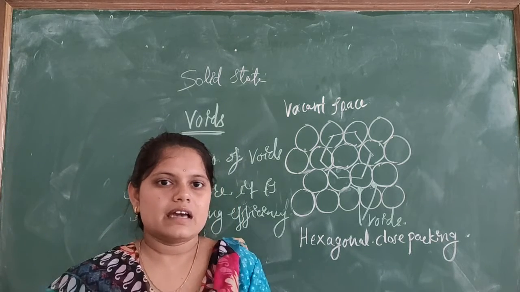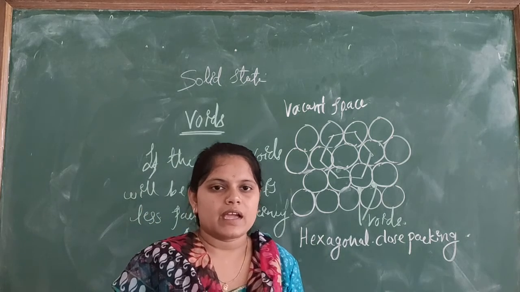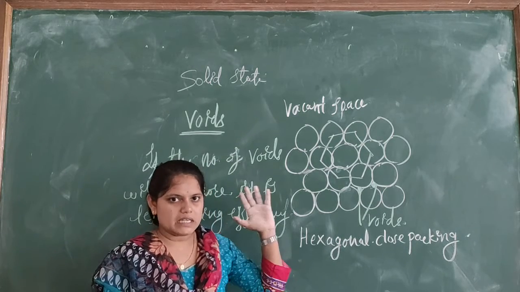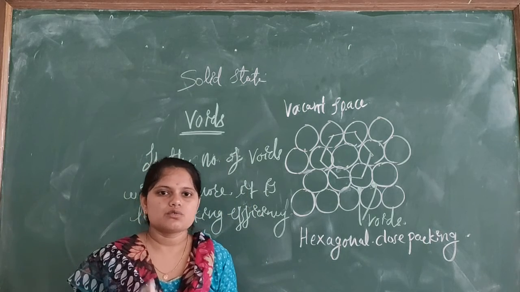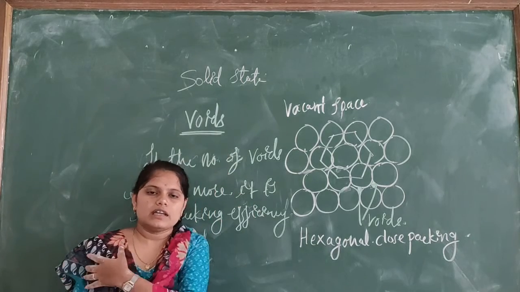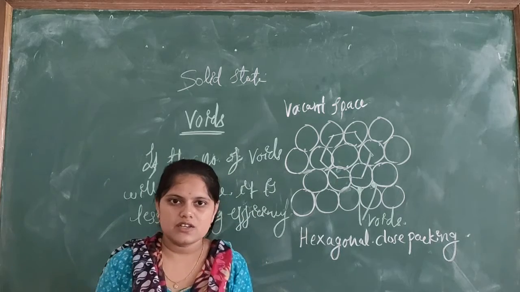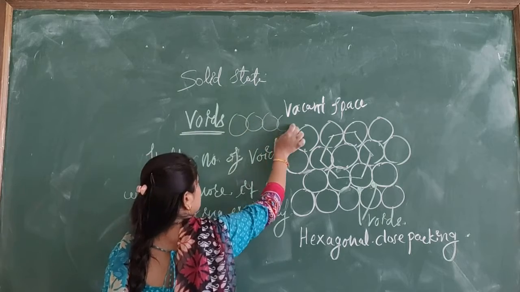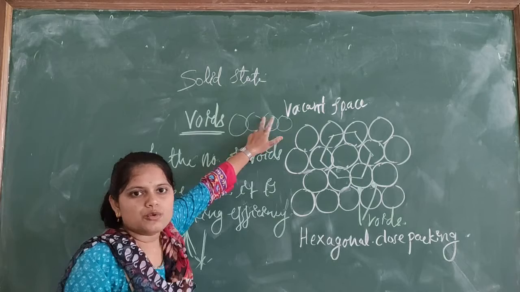But in today's class, I hope you understand what is meant by close packing. The close packing is divided according to whether the spherical atoms are arranged in one dimension, two dimensions or three dimensions. First, in one dimension, the spherical atoms are arranged in a row like this. Only in a row, it means each atom remains in contact with two neighboring atoms.